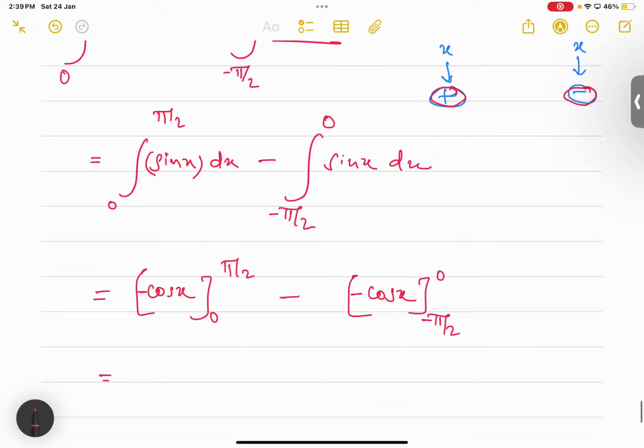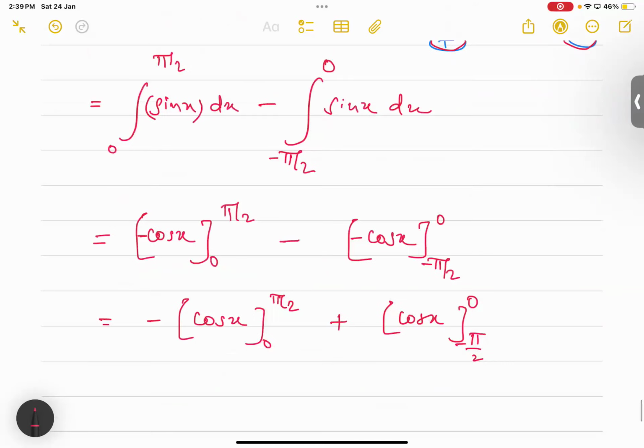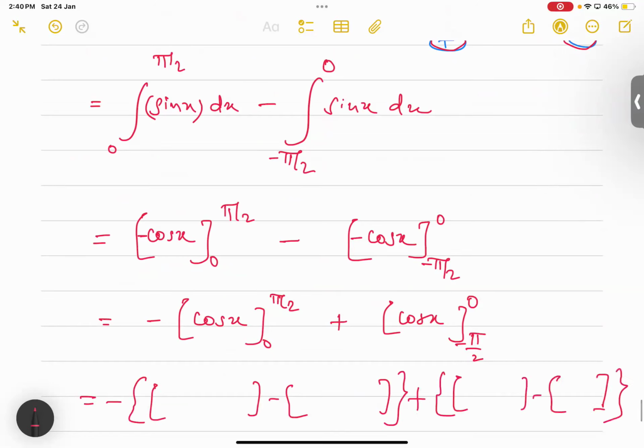So this is minus cos from 0 to pi by 2 plus cos from minus pi by 2 to 0. So minus box minus box plus box minus box: cos 90, cos 0, cos 0, cos minus 90.